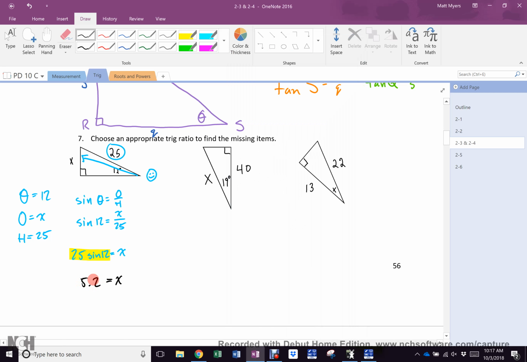What should you check on your calculator screen? Make sure you've got a D. Was everyone able to get 5.2? Yes? Spectacular. Now do the next two.